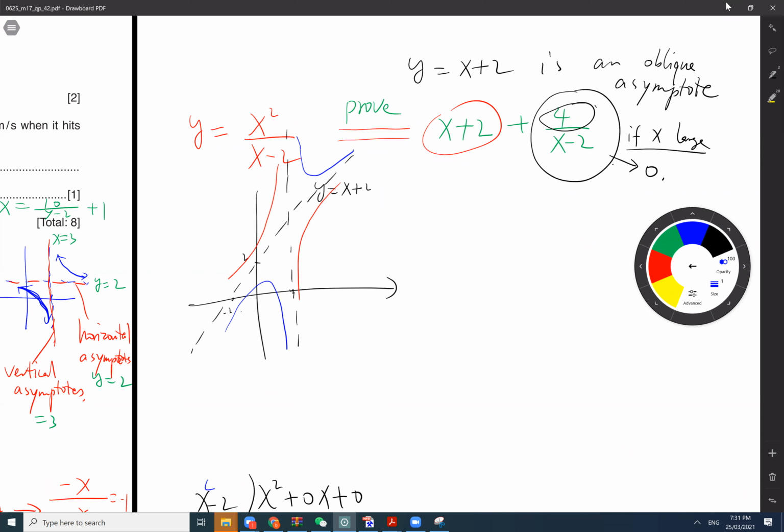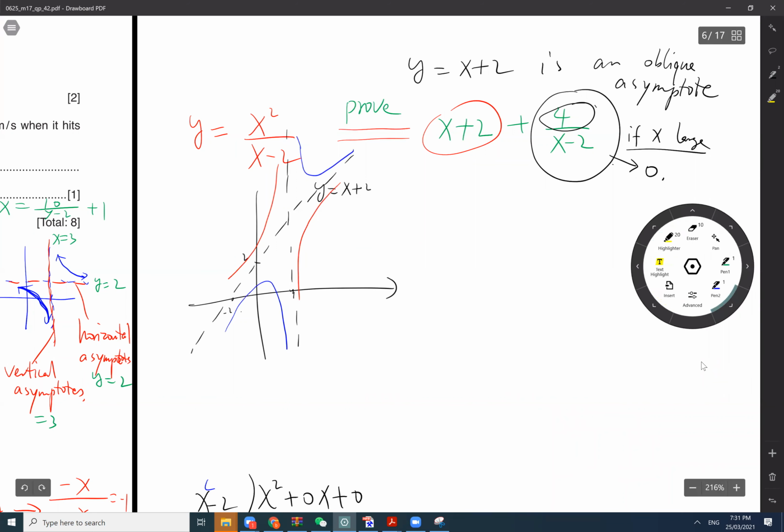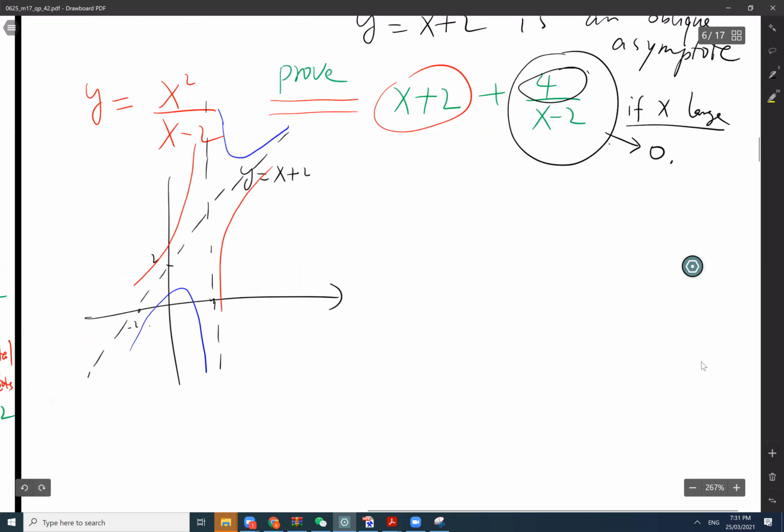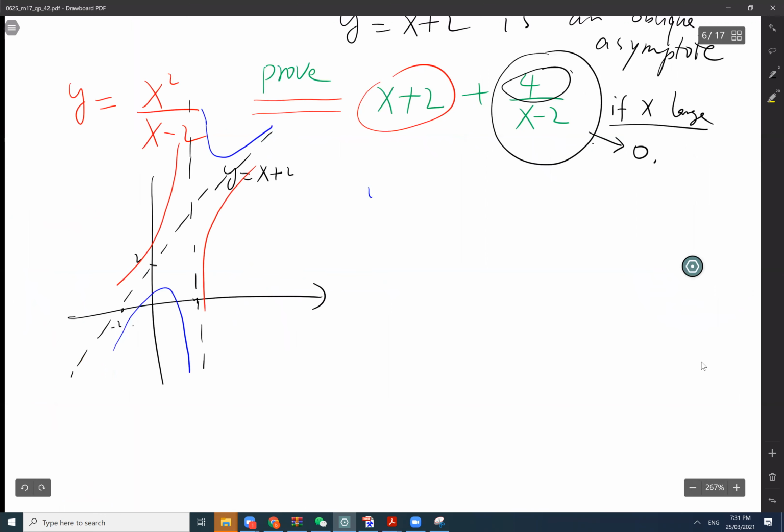So the question now is, we can just put in some points. For example, we need to investigate more. Question 1, for this graph, the x-intercept.